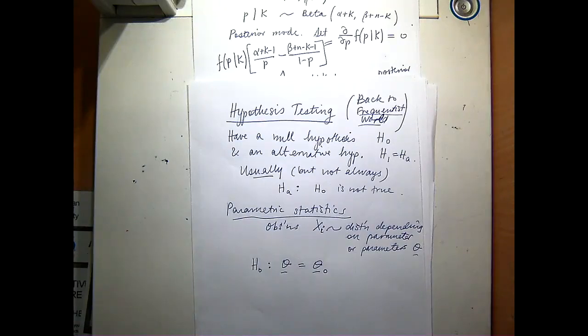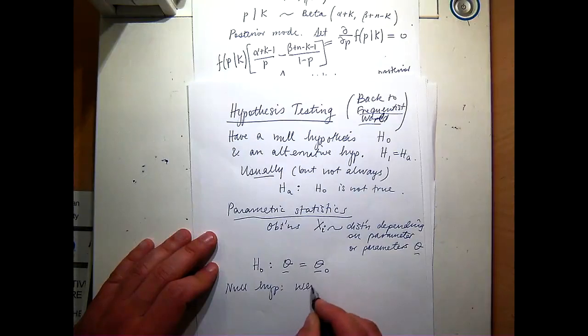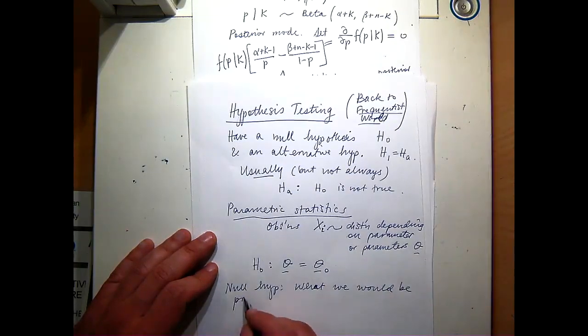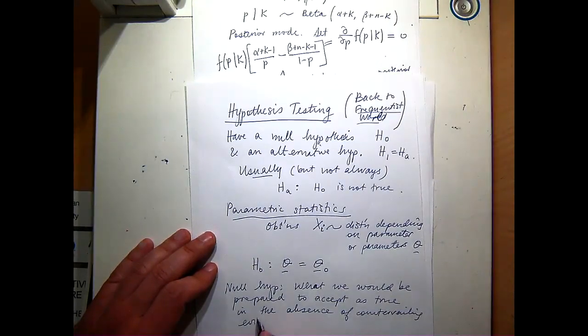So what I'm saying is there's not a symmetry between H0 and HA. Quite the opposite. It's very asymmetrical. The null hypothesis is, and this is kind of a philosophical question, what we would be prepared to accept as true, though we don't know it's true, in the absence of countervailing evidence.